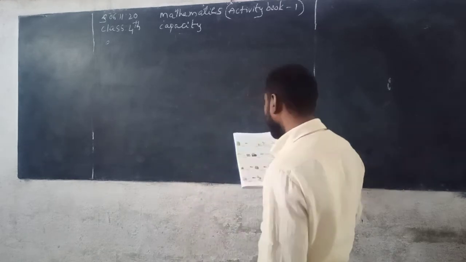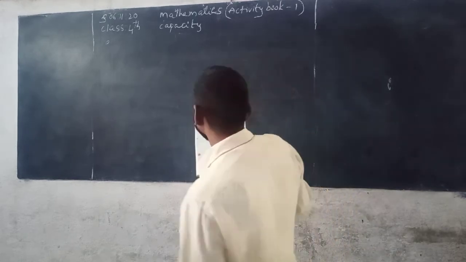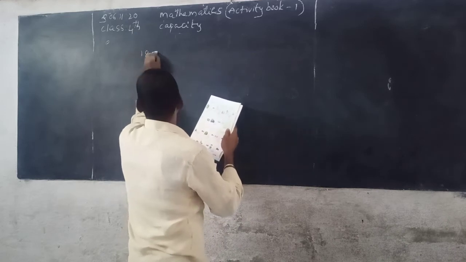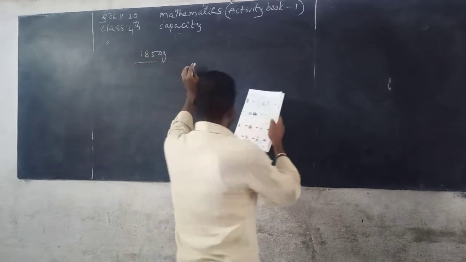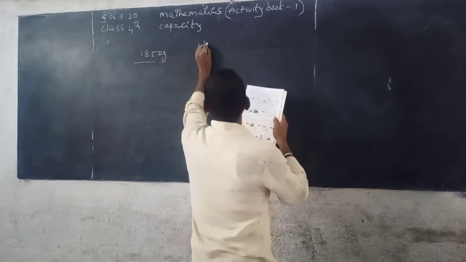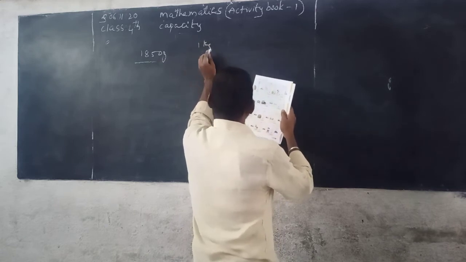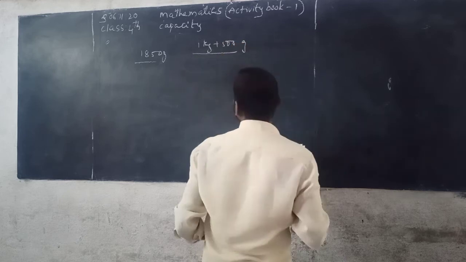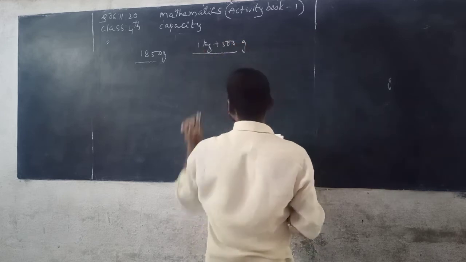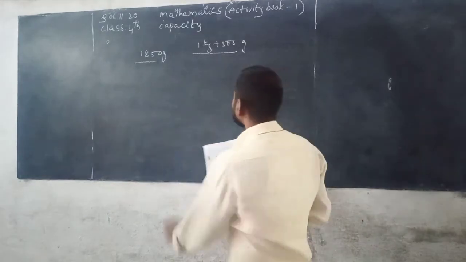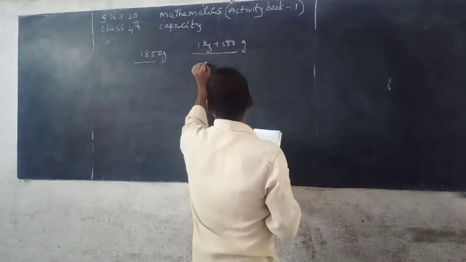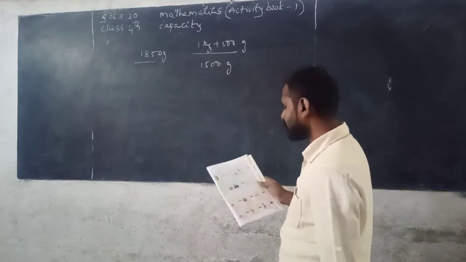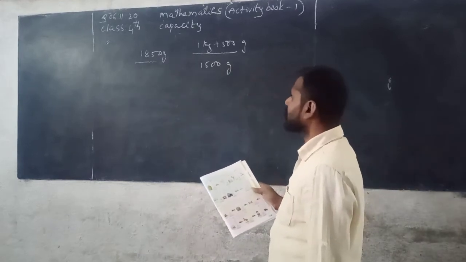The quantity of oil, that is like honey, here is 1850 grams. Now here the weighing object is 1 kg 500 grams. See here, 1 kg 500 grams means 1 kg is equal to 1000 grams. 1000 plus 500 you get 1500 grams. So you can balance. How much more do you need?